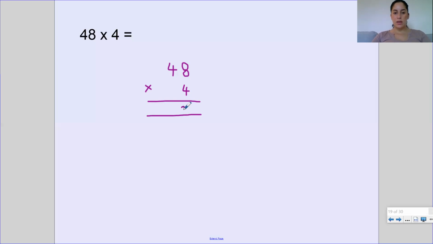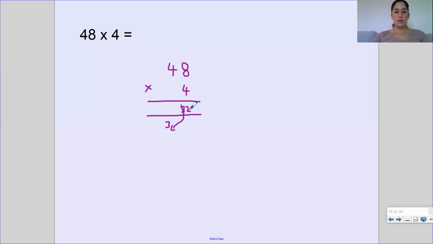Now, can I squeeze a 2-digit number in the ones column? Can I have 32 in the ones column? No, because the tens belongs in the tens column. So I've exchanged the tens into the tens column.